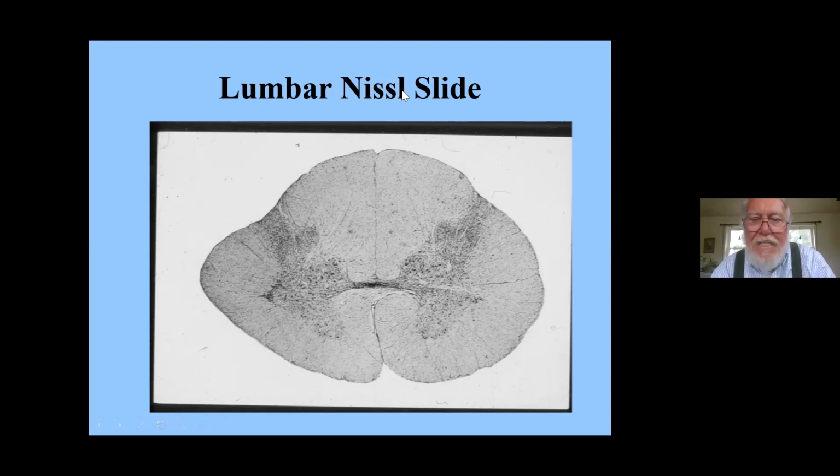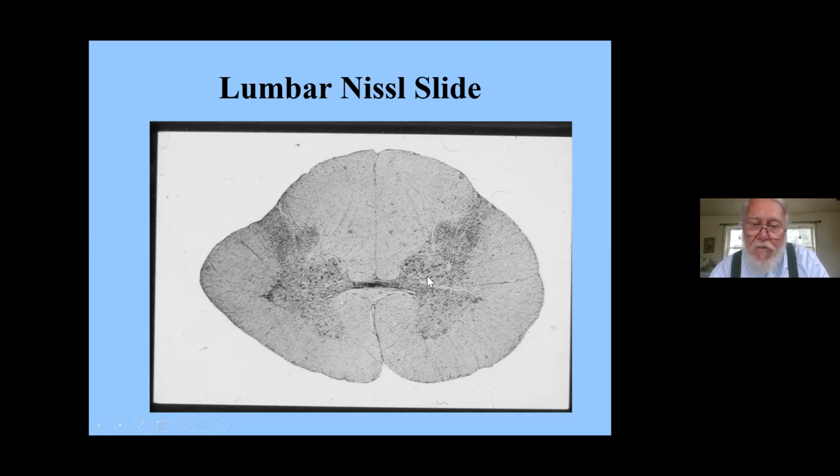But in any case, there is a very large nucleus gracilis. And then what you can see is a very nice dorsal horn right here in the zone of Lissauer. Here's the dorsal horn, laminae 1 through 5. Now you can see lamina 6. Look at these cells of the nucleus of Clark.